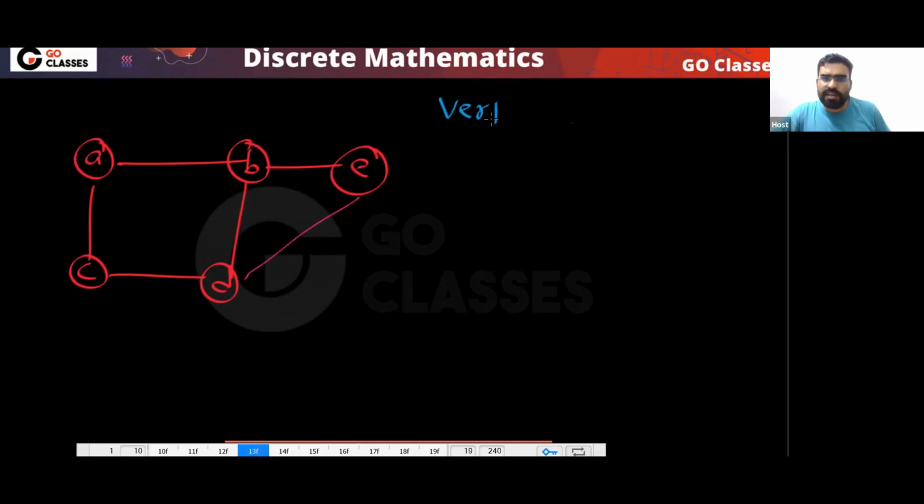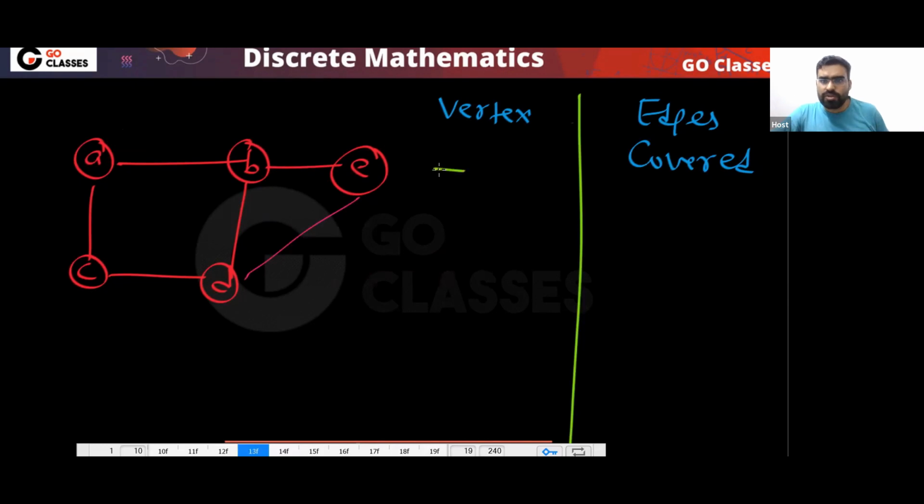Here I will write the vertex, and here I will write the edges covered. If I have this vertex A, which edges will be covered? There will be 2 edges covered: edge AB and edge AC.